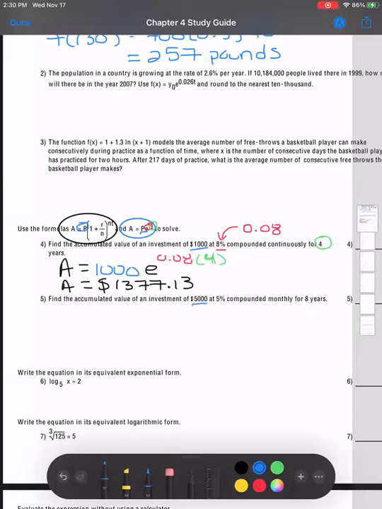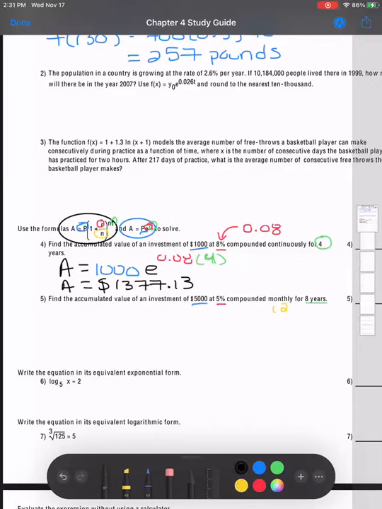The r is the rate, so that's the 5%. And n is going to be the number of months, and t is the time, so that's the 8 years. The n is the number of times per year, so for the n, that's 12 because it's monthly.